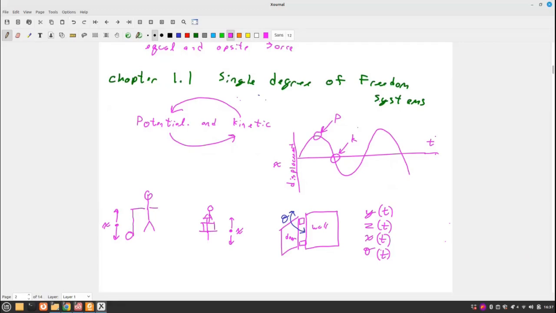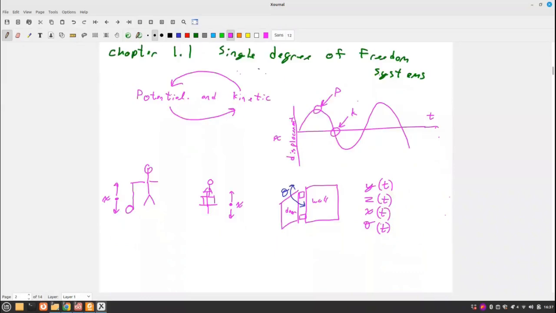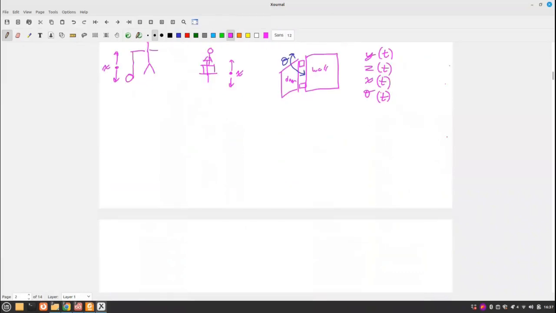All right, how do we draw these out? We might draw these out in a number of ways. A very common way is we can do a mass on a spring attached to a fixity. That's your fixity. That's your spring.